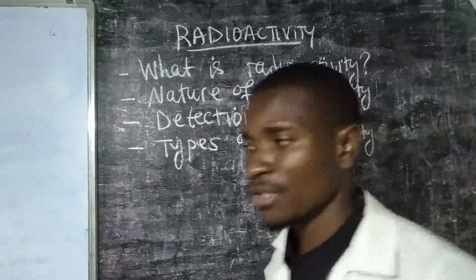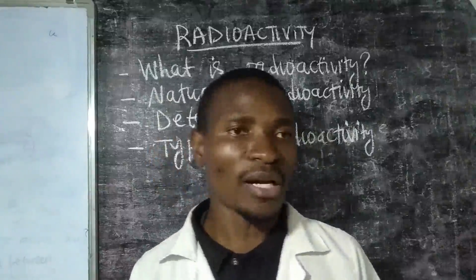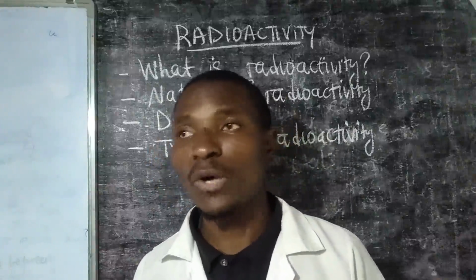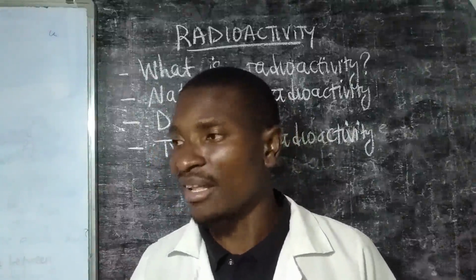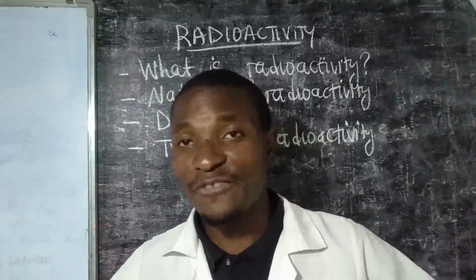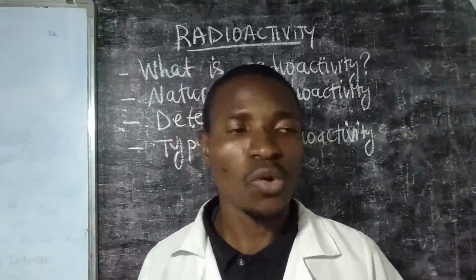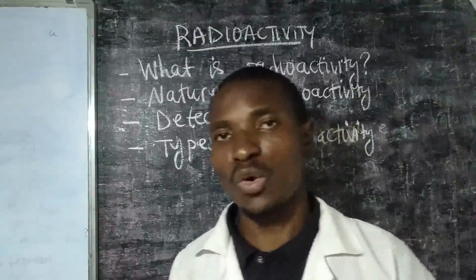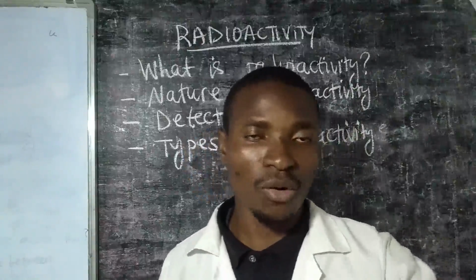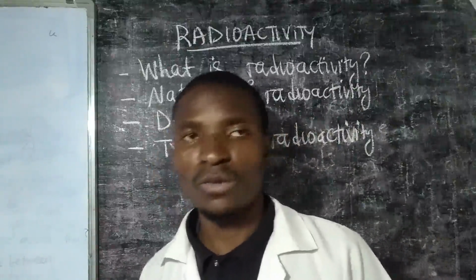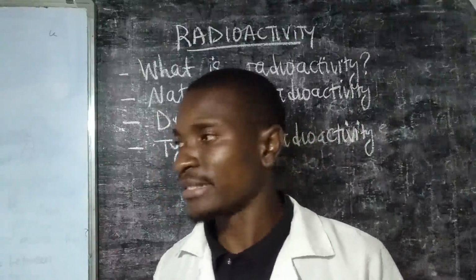And then we'll also be looking into, or rather understanding, how we can detect these rays that are coming from different sources. How can we know that there is a source of radioactivity occurring? How can we determine that?